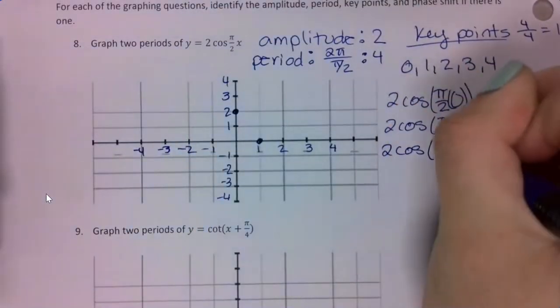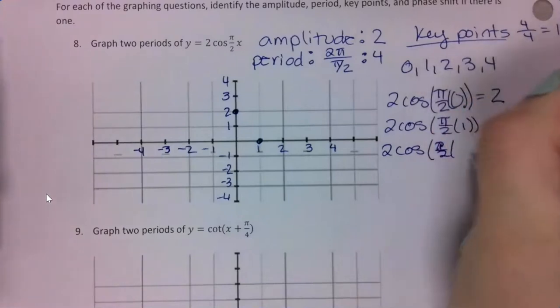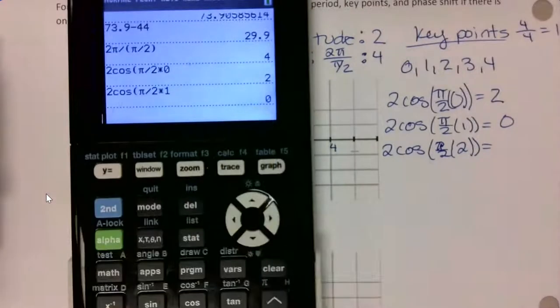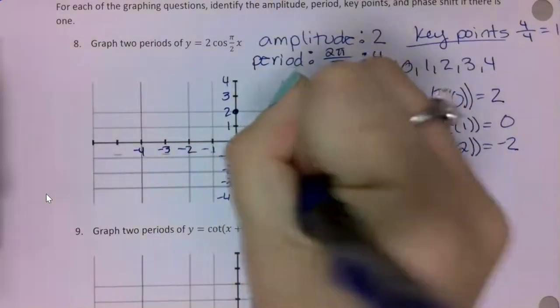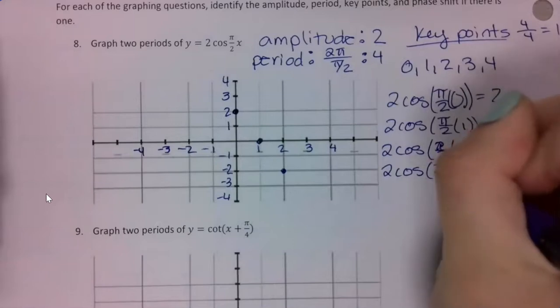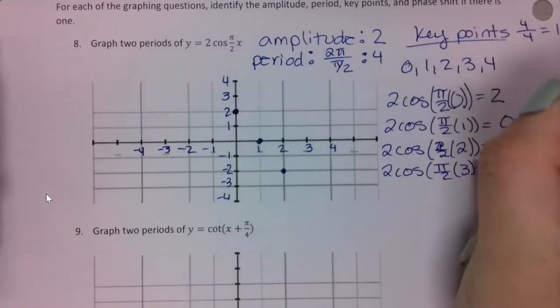Same thing for my next key point. Gives me negative 2. Moving on, plugging in 3.